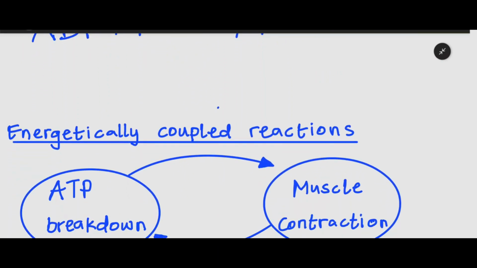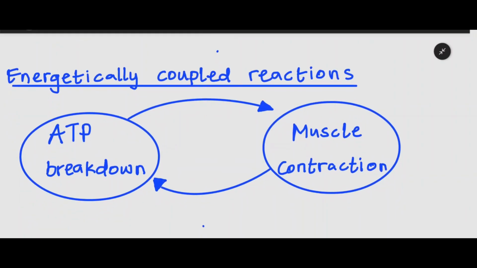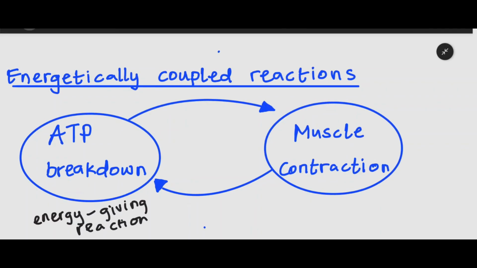Now let's talk about energetically coupled reactions. OCR loves the phrase energetically coupled reactions, and it basically just means that one reaction releases energy, and the energy that it releases is used to drive another reaction that requires energy. So the two parts are ATP breakdown, which is what releases energy. This is the energy-giving reaction, and that energy is used during muscle contraction.